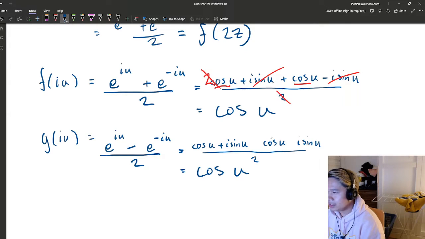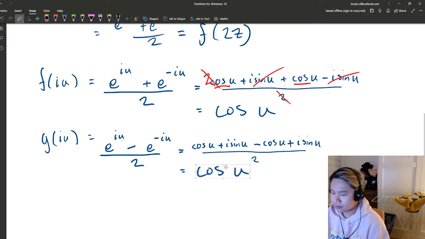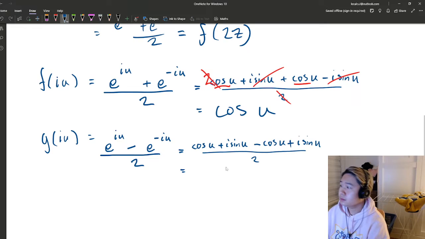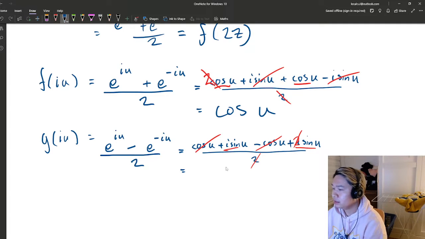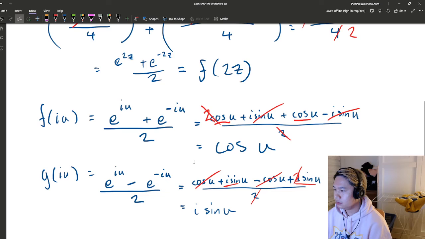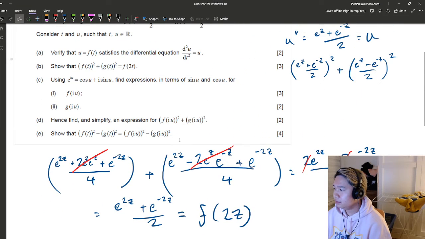Okay, if this is minus, then this is going to be minus and this is going to be plus. And then cosines cancel, and then same concept, if you add these two together, you'll have 2 of them, and then these divide, and so you just get i sine of u.